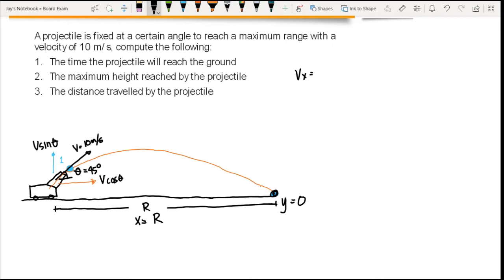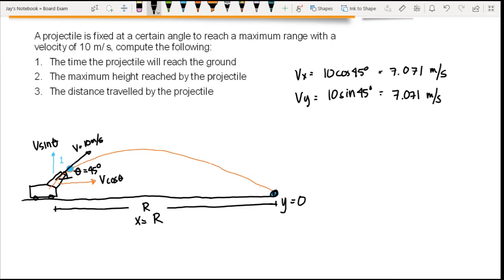So we have 10 cosine of 45 degrees, that would give us 7.071, and the vertical component of the velocity, vy, is equal to 10 sine of 45 degrees, which is equal to 7.071 meters per second. Okay, so that is the unit of the velocity. So the first question is the time the projectile will reach the ground.